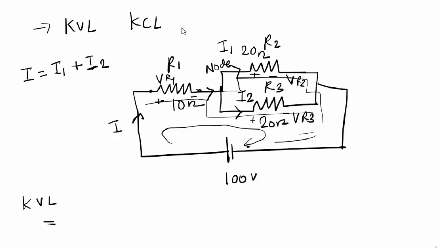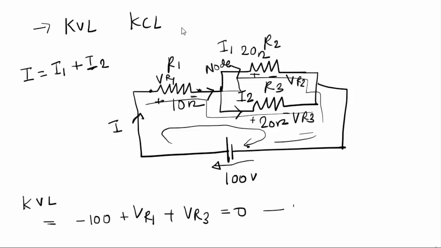The first thing is, considering this a rise in voltage. Whenever you have a rise in voltage, you consider it as negative, and a drop in voltage you consider as positive. So VR1 plus VR3 equal to 0.